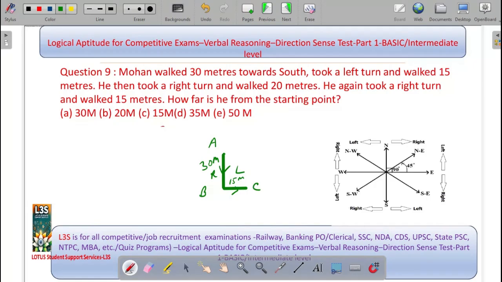He then took a right turn. Now when he is moving from B to C, his right is this side. So he then took a right turn and walked 20 meters. So here he is taking 20 meters.